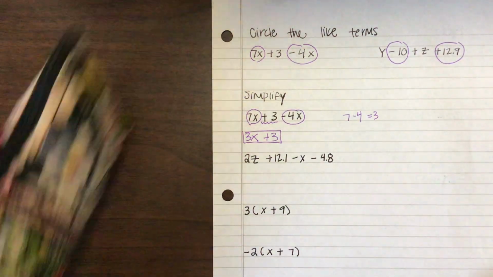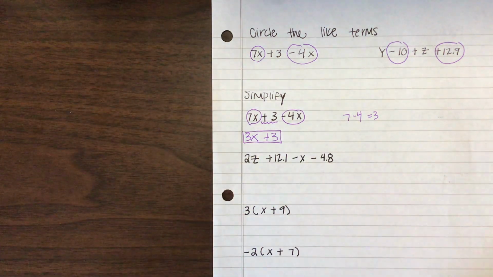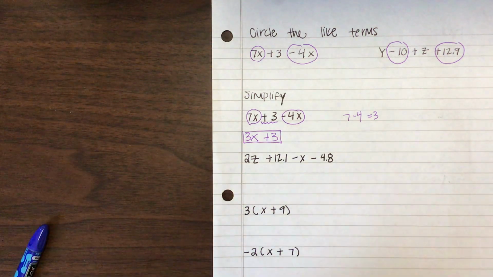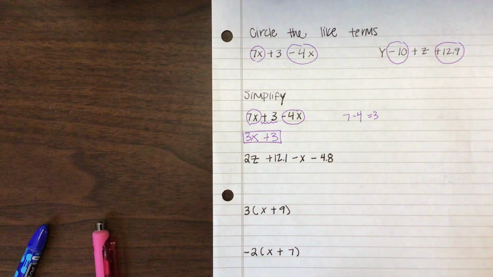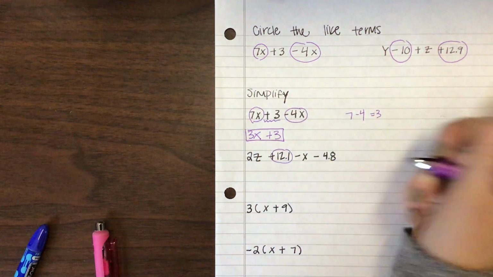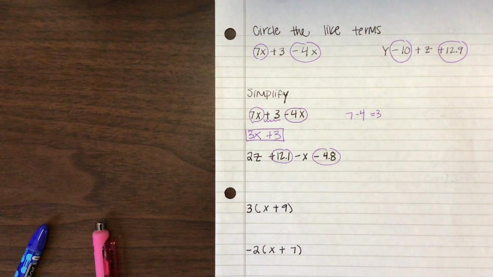I'll grab another color real quick. So 2z plus 12.1 minus x minus 4.8. I have to circle the like terms. 12.1 and minus 4.8 are like terms.